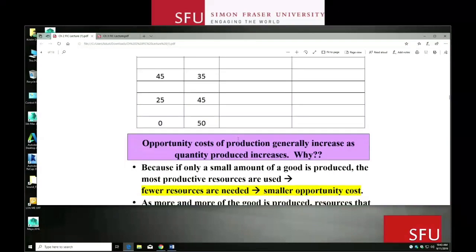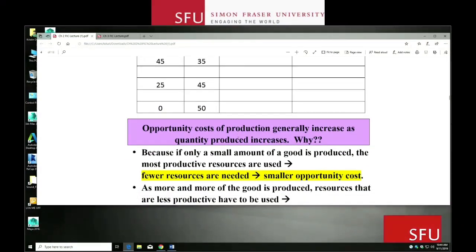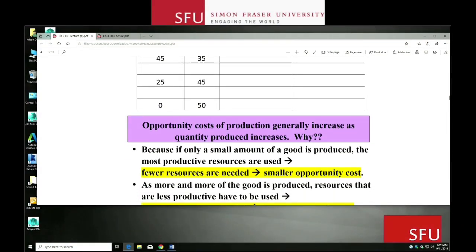All right, so then fewer resources are needed, for example less time, and that will result in a smaller cost.